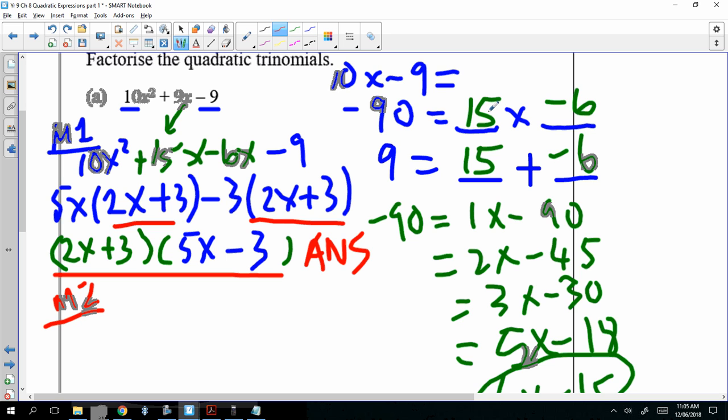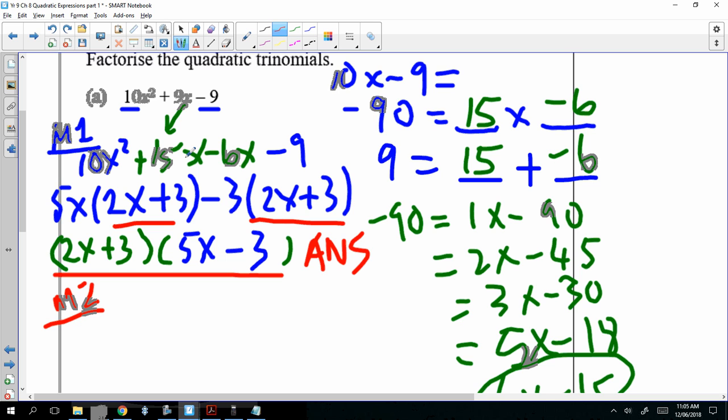See the 9x? 15 minus 6. 5 times 3 is 15.